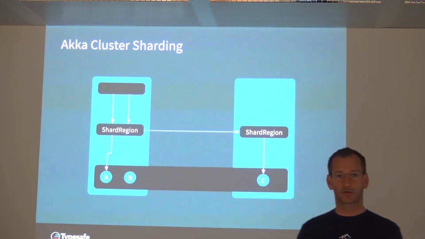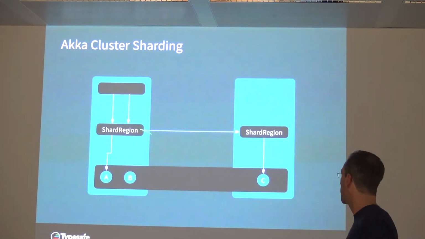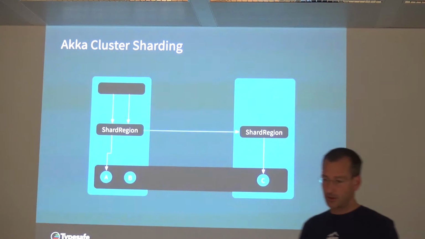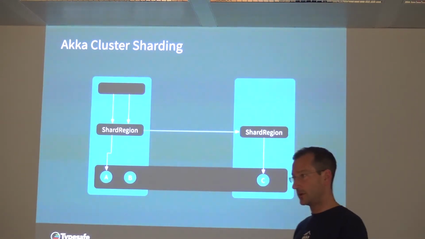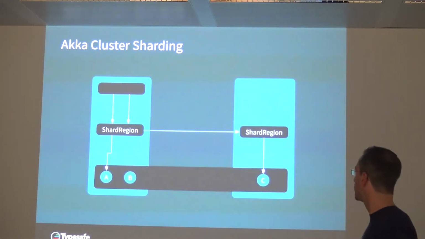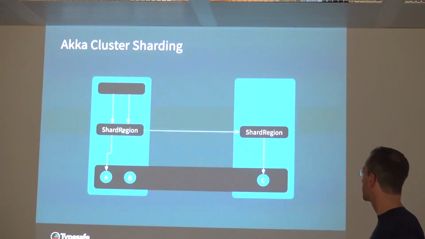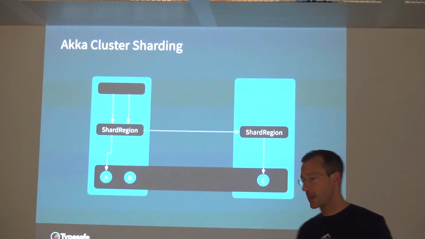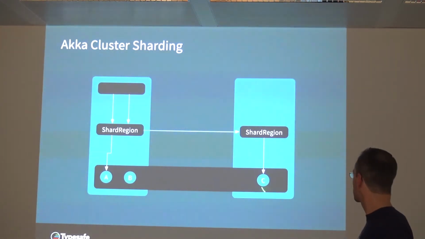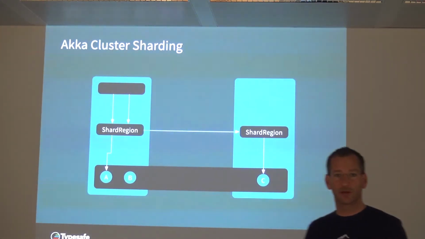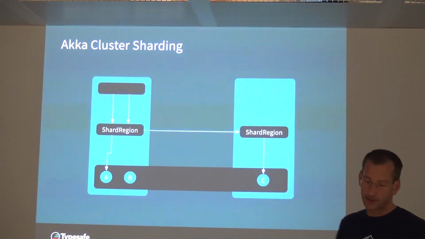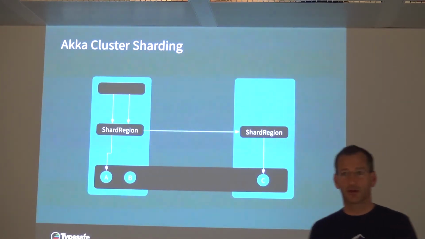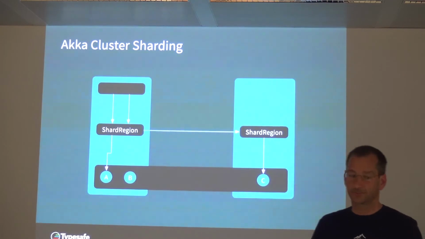It is managed, it's created by sharding. So we talk to the shard region, we use the ID, the name, and the shard region knows where those guys live. So this shard region knows that A and B are living here, locally to it, whereas it knows that C is living over there, so it will then forward to its sibling shard region, and that one will talk to C.